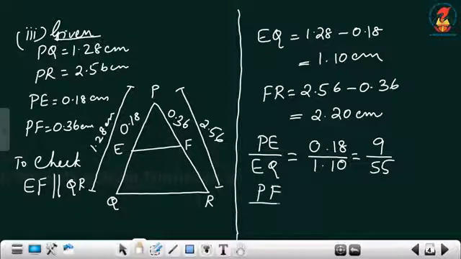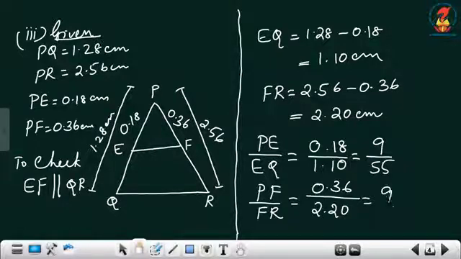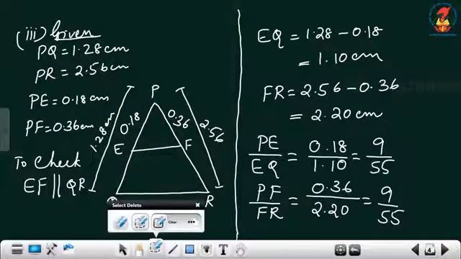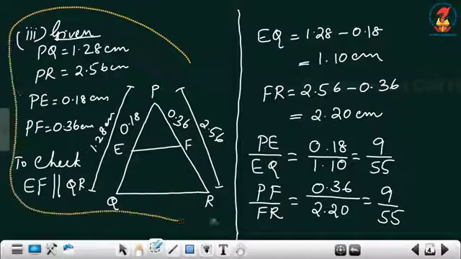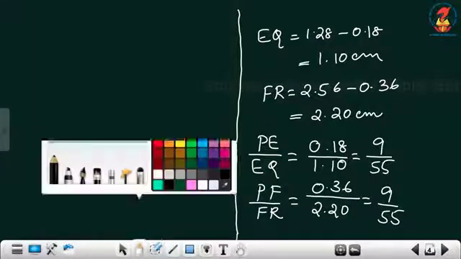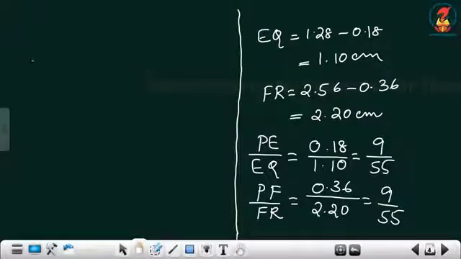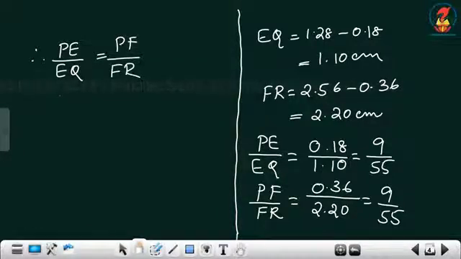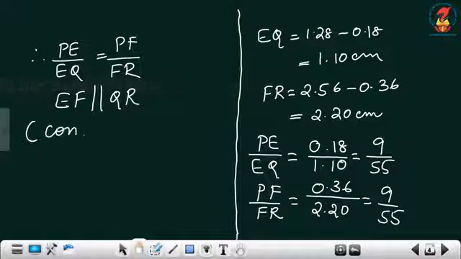Then PF by FR is equal to 0.36 divided by 2.20, which is also equal to 9 by 55. Therefore PE by EQ is equal to PF by FR. So EF is parallel to QR using converse of BPT.